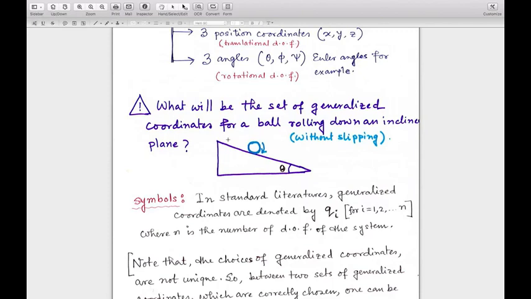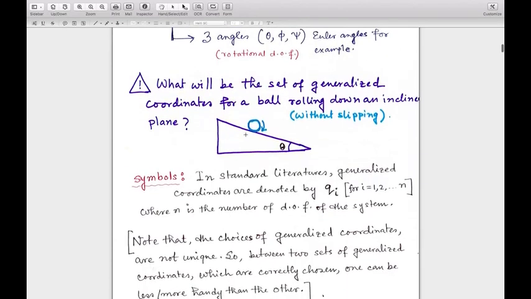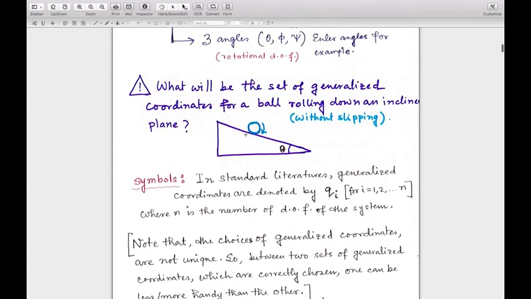A cylinder is just rolling down without slipping. That means the friction is enough to prevent the slipping of this cylinder or the ball through the inclined plane, and the inclined plane has a constant inclination theta. So think, and maybe you answer me in the discussion forum.